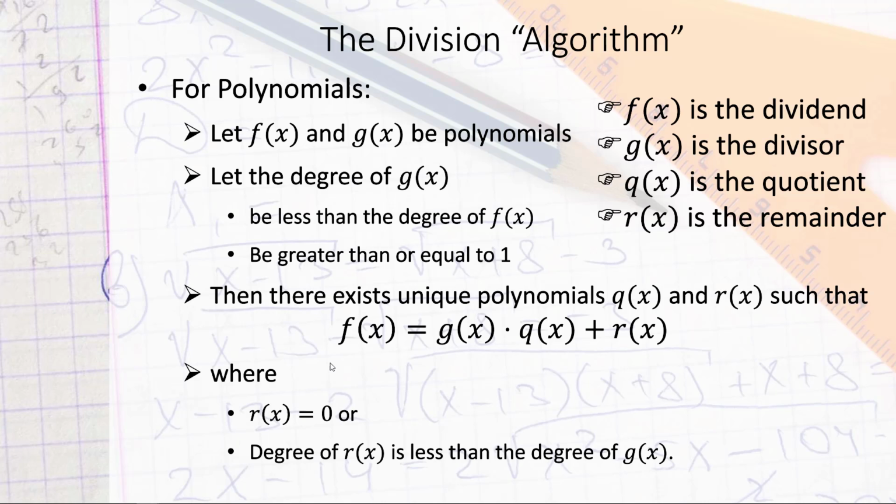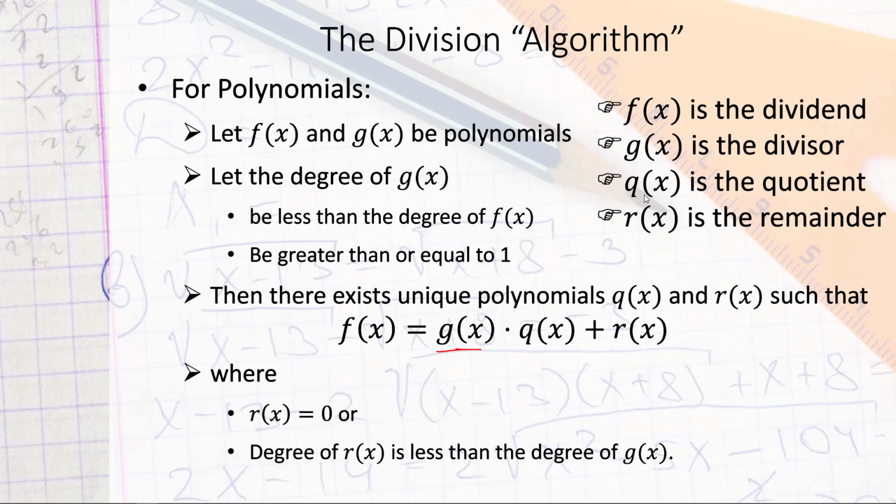And if that's the case, then there exist unique polynomials, i.e. the only polynomials that will exist for this particular case, where f of x can be decomposed into the product of g and q, with the addition of another polynomial called r of x. And the only additional constraint is that the degree of r of x must be less than the degree of g, or it must be 0. Once again, f is the dividend, g is the divisor, q is the quotient, and r is the remainder.